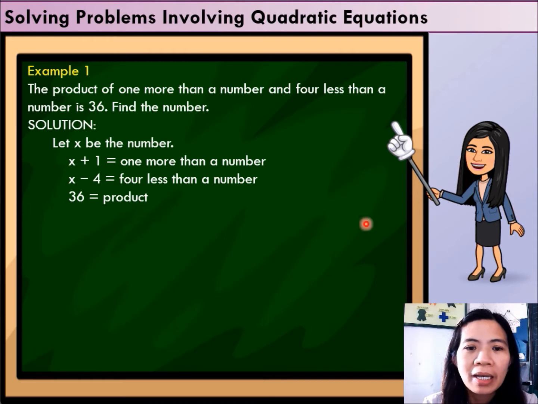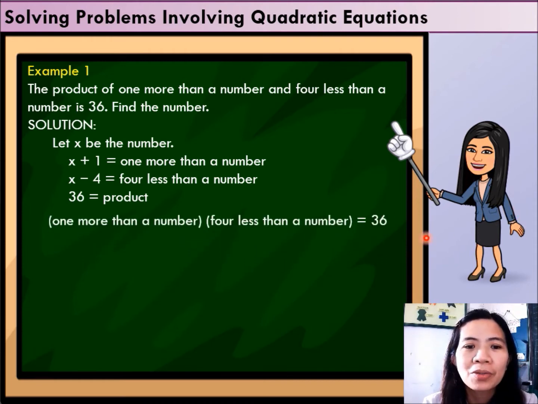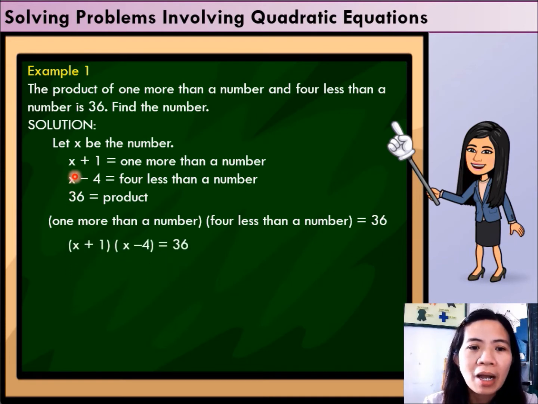Okay, so let's express this in an equation. So we have 1 more than a number and 4 less than a number. The product is 36. So we will use now the mathematical expressions that we have. Quantity x plus 1 times quantity x minus 4 equal to 36.